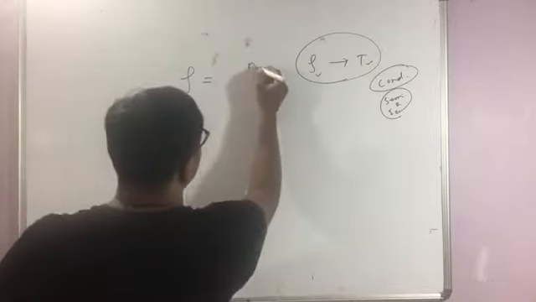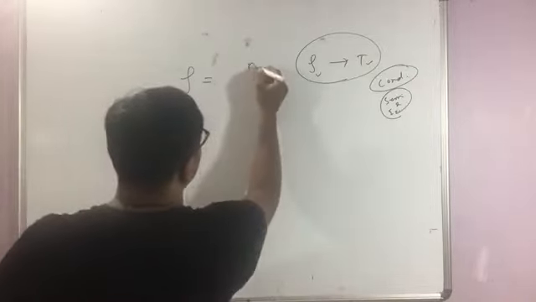N and tau depend on the nature of the material. For a conductor, we have plotted the graph like this. Hence, resistivity increases with temperature. With the increase in temperature, the resistivity increases.